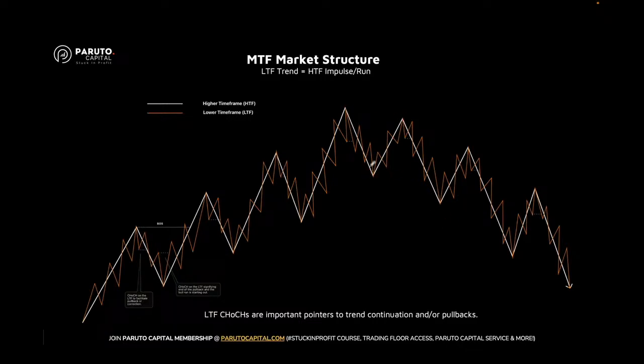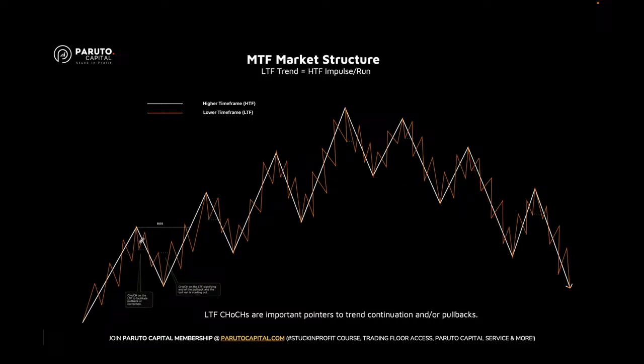You can see this came down here, pulled back up here, did not take out this high, and then broke this structure here, and this is a change of character, right? You already know that. So a change of character, we expect it to pull back a little bit, it pulls back a little bit, and then continues the move downwards.